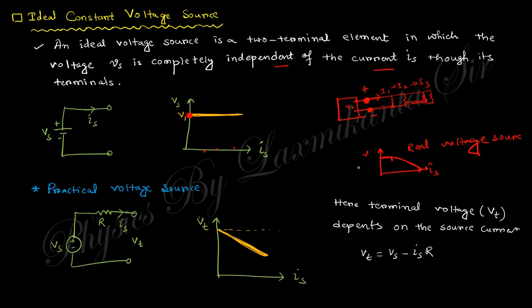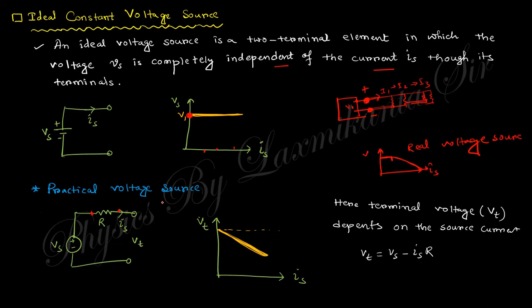But in the ideal voltage source, this must be constant. It does not get affected by the external load current. Now the real voltage source will be like that. The voltage difference at that point will be nothing but Vs minus Is into R, the internal resistance of this source.